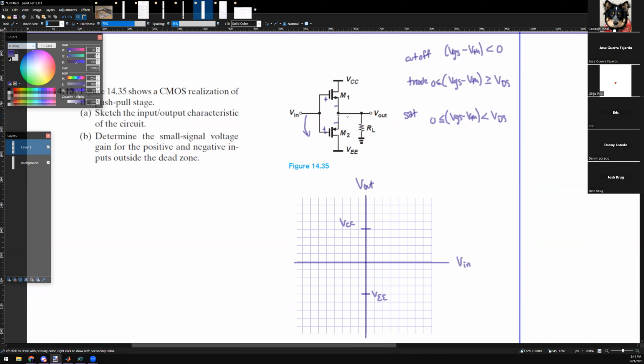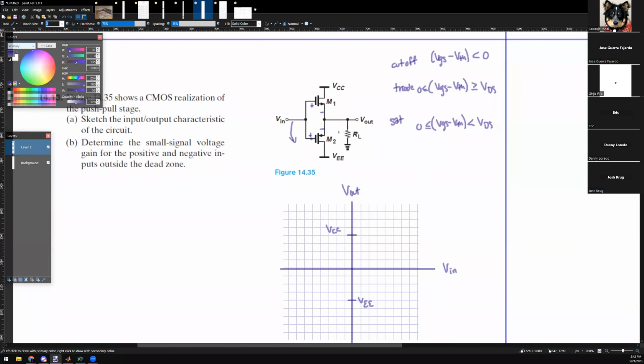So if V in is 0, assume the output starts off. In these circuits, I would strongly recommend you assume the output is just cut off. Just based on those characteristics, you can draw the graph. For PMOS to be on, V in has to go downwards, and it triggers when it goes to VTHP.